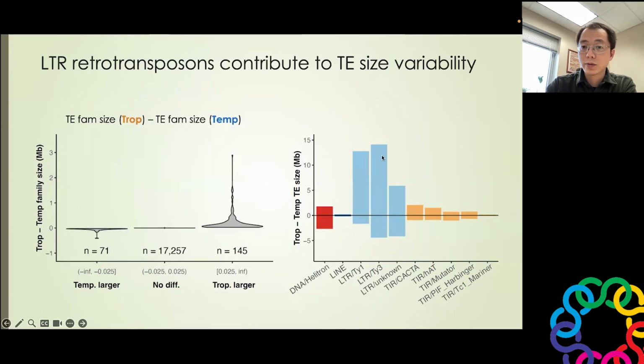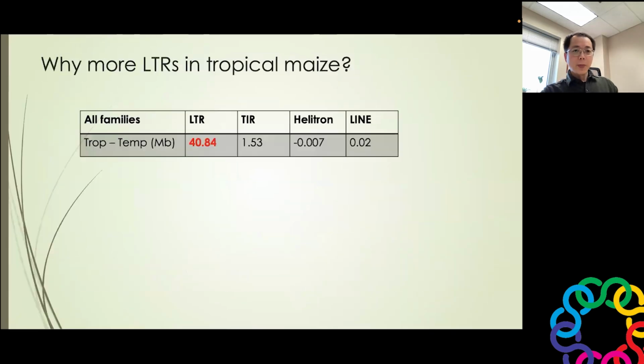And as you see, most of the differences are contributed by LTRs, with some contributed by Helitron and maybe CACTA. So that further encourages us to look at LTRs, and this number is more than the contribution of the LTR itself in the genome content. LTR is about 75% of the genome, and this contribution is over 90% if I remember correctly. So this is more than its random contribution.